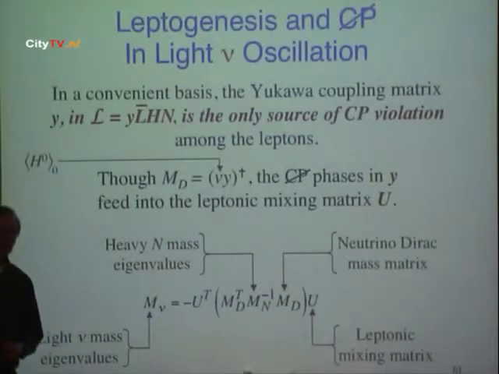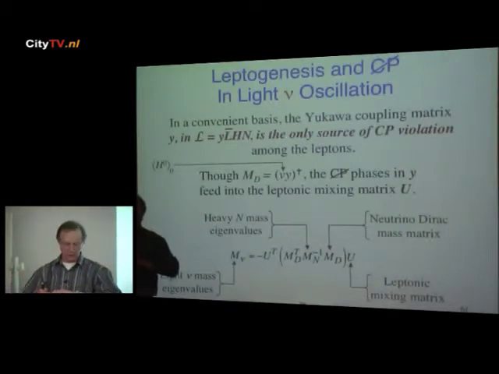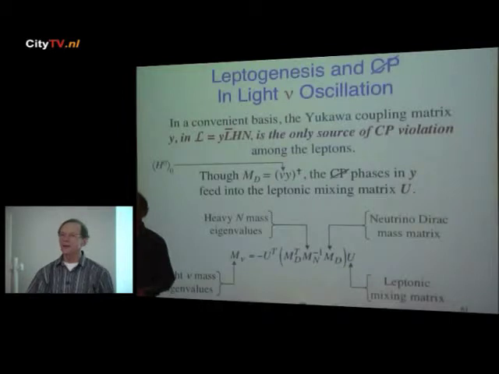And that something else depends on this link that I spoke about before between CP violation in heavy neutrino decays in the early universe and CP violation in neutrino oscillation. And here I hope to explain what I mean by likely.